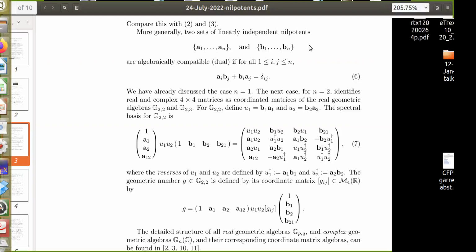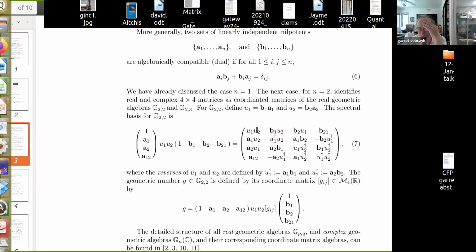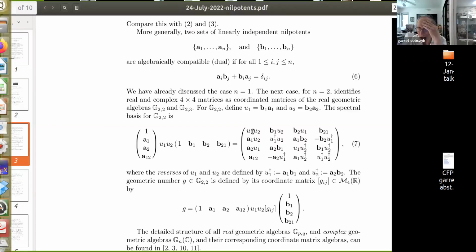Maybe I'm still not making myself clear. When you say spectral basis, I immediately wonder if I should understand, when I look at 7, that 7 is necessarily a spectral basis. Let's look at this element U1 times U2. We know that U1 and U2 are idempotent, and they commute with each other very simply. So if you square that, that's just like having a 1 here and zeros everywhere else in the matrix.